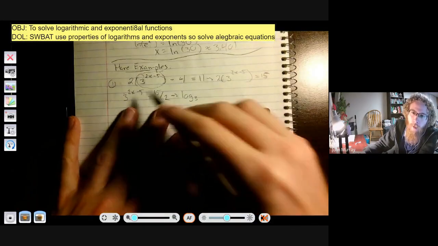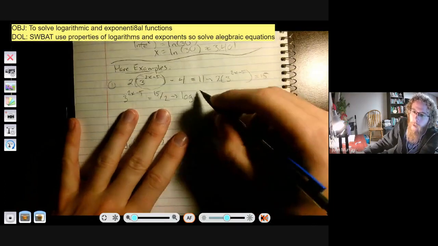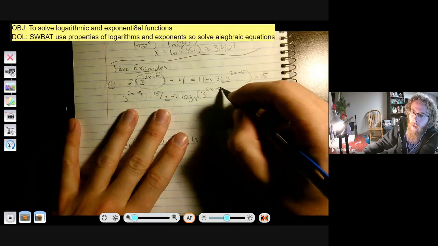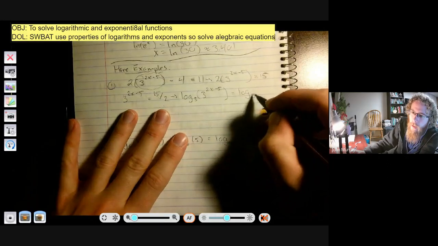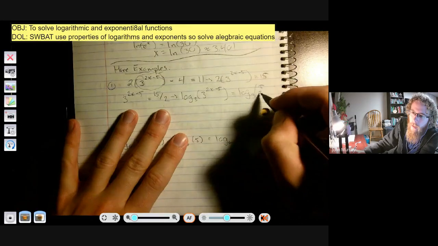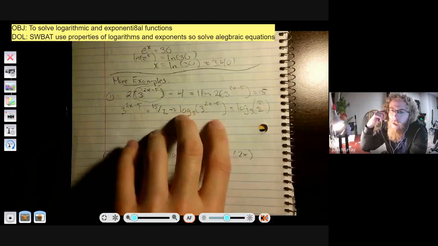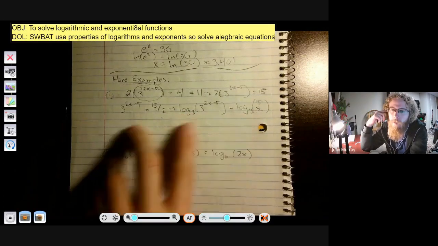So because my base here is 3, I'm going to choose a log base 3. So I'm just going to write everything out. So all I did was I added a log base 3 on both sides.